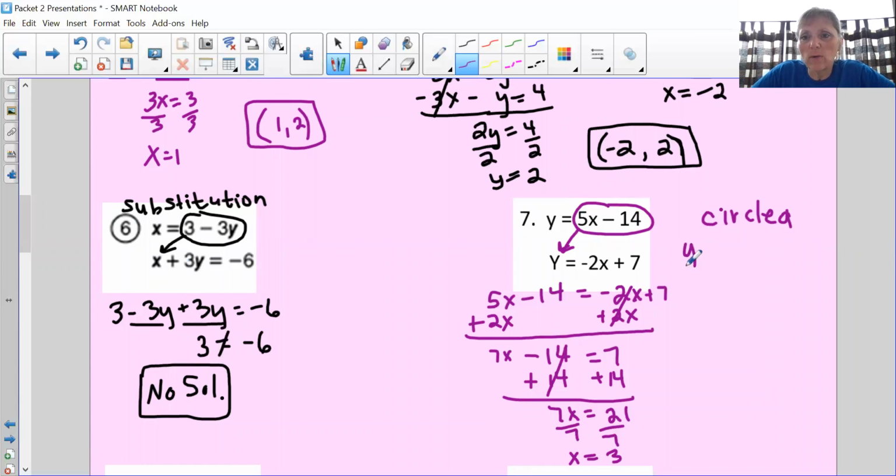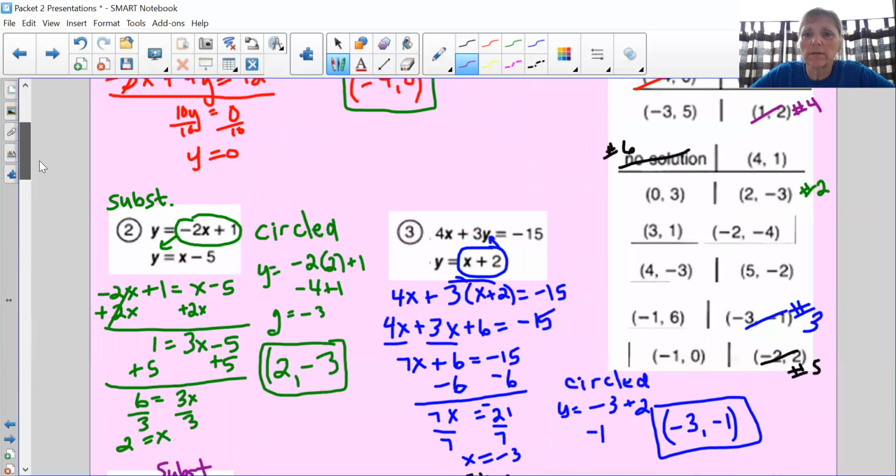So y equals 5 times 3, not 53, but 5 times 3, minus 14. 5 times 3 is 15, minus 14, and that equals 1. So my final answer is 3, 1. And that is number 7.